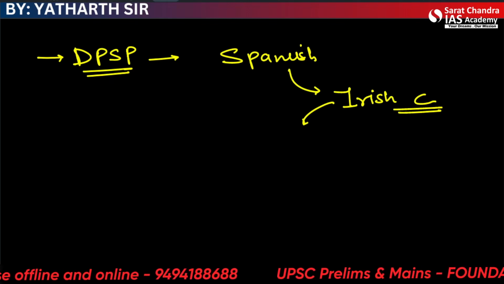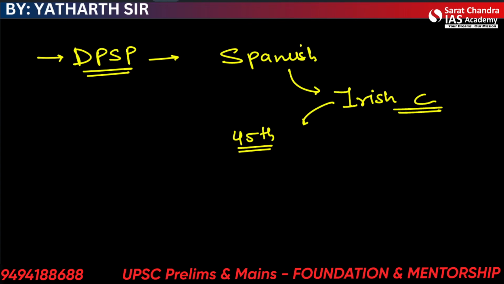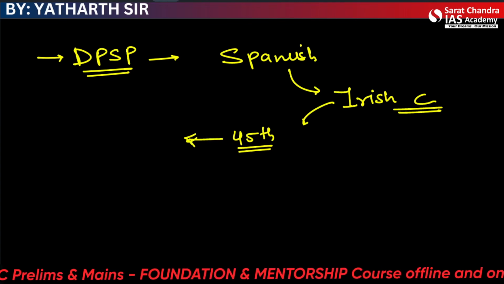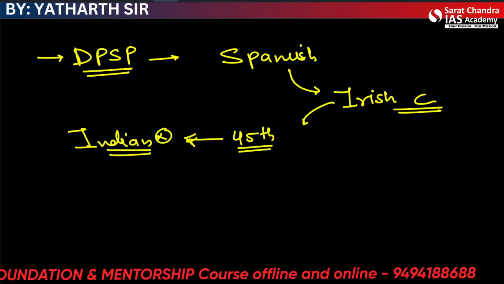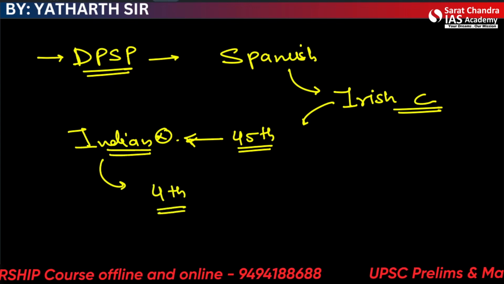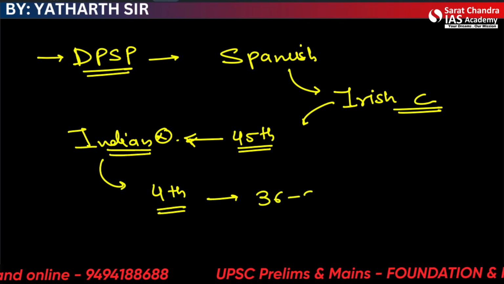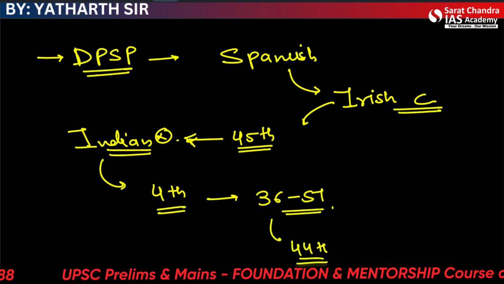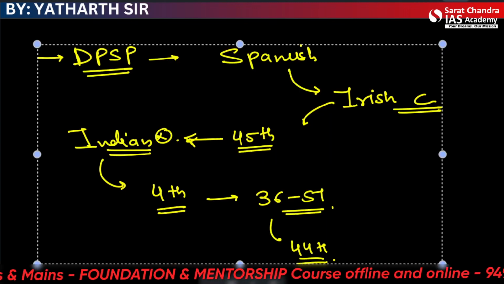In the Irish Constitution, Article 45 deals with the DPSP. Then it was later adopted by the Indian Constitution. And this is in Part 4 of the Indian Constitution, which harbors Articles 36 to 51. Especially Article 44 deals with the UCC. Alright, so this is where this matter originates.